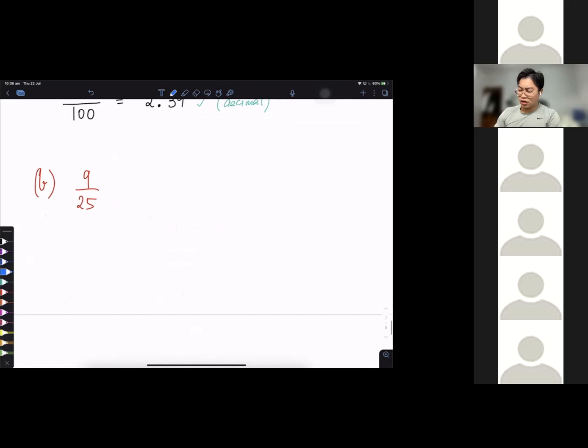So let's have a look at this 9 over 25 now. My question to you, listen carefully, is the denominator a base of 10? No. If it's a base of 10, the bottom number should have zeros on it.